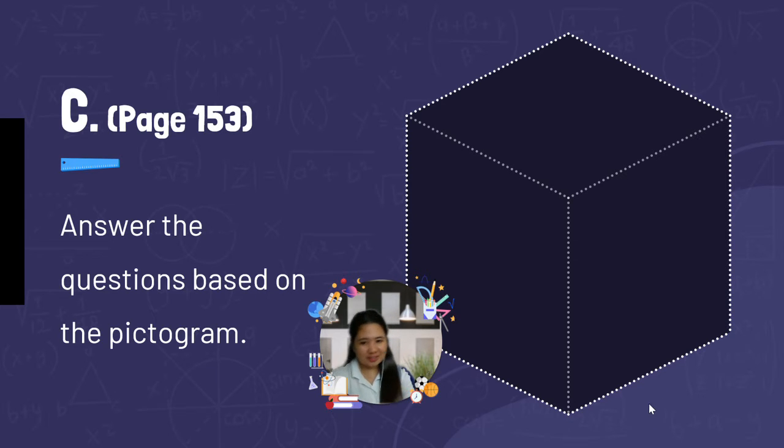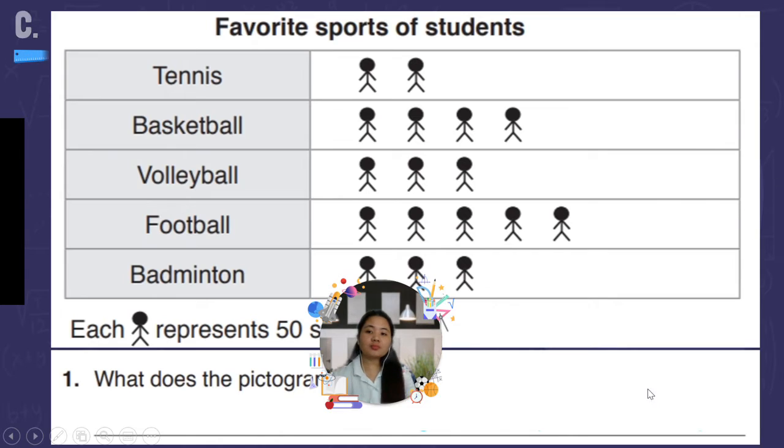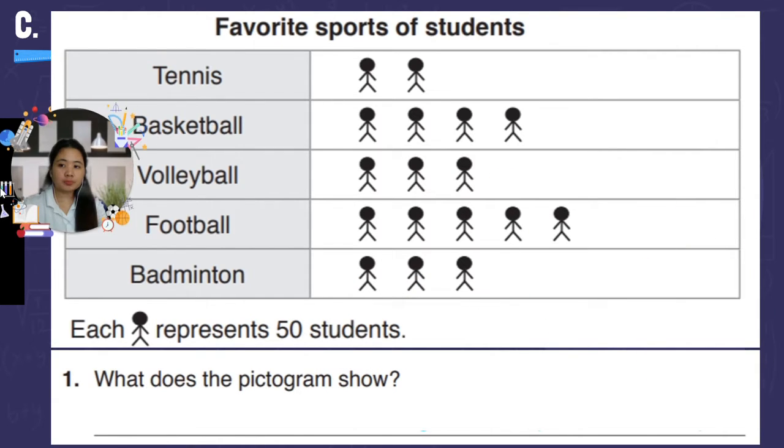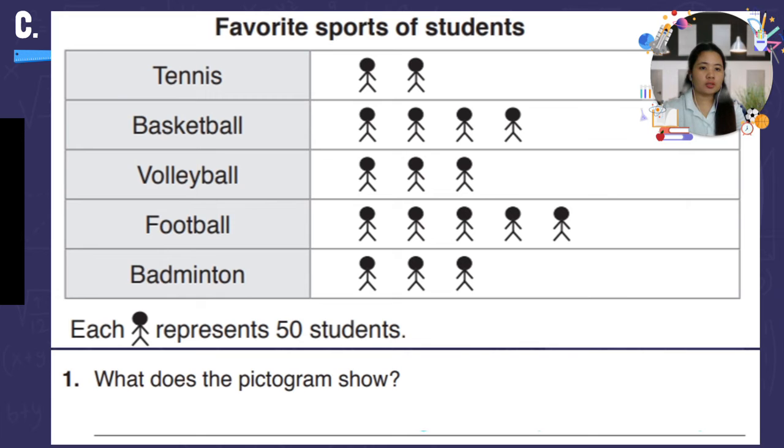So let's proceed. In letter C, the title of the table is favorite sports of students. For tennis, you can see 2 students.